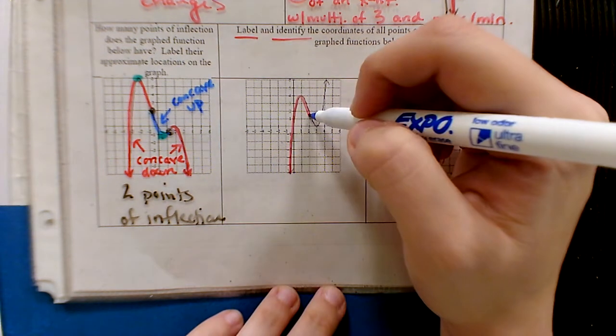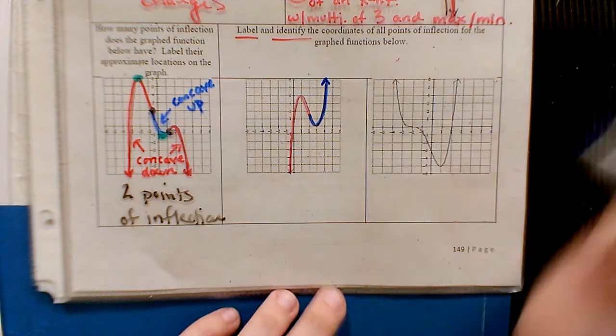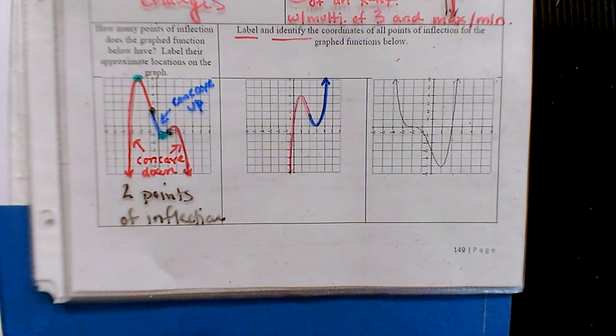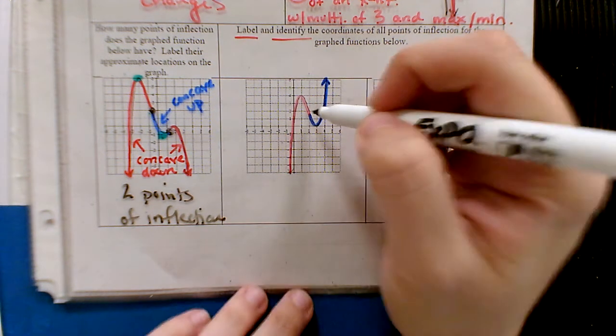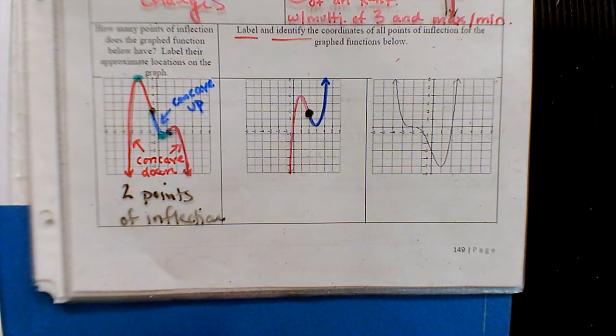But at some point it's going to change and then resemble concave up, like a regular parabola. So wherever you think that change is, that's where your point of inflection is. Alright, we think it's roughly there, but we're going to figure out exactly where it is.